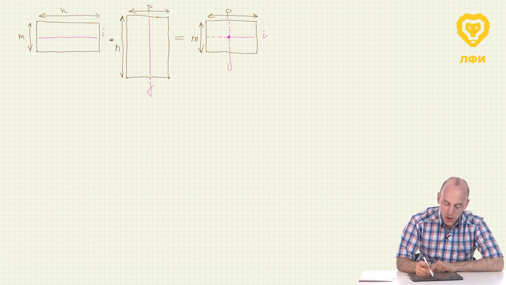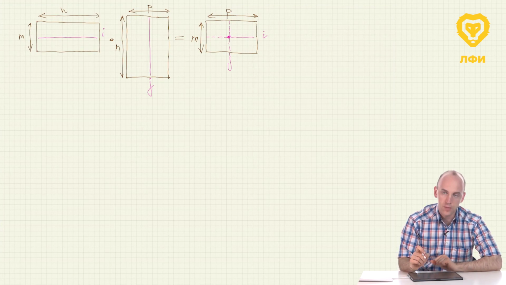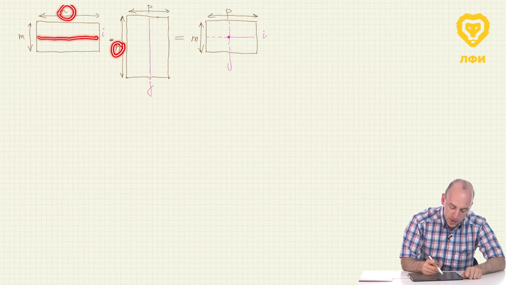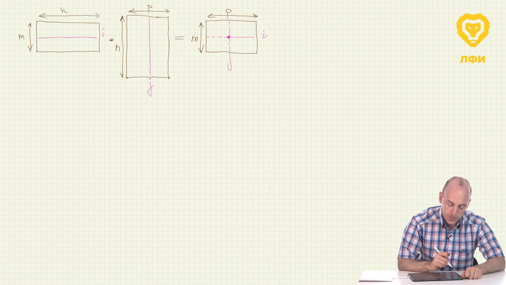Now the question is, what do I mean by multiplication of a row by a column? First of all, let's notice that the number of elements in this row is equal to n. It is just the same as the number of elements in the column. So there are also n elements in the column.